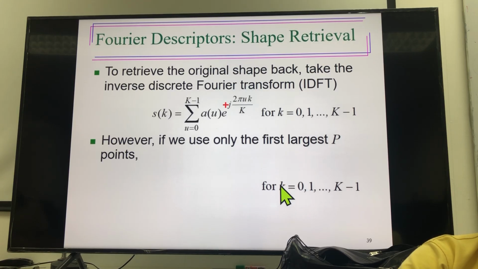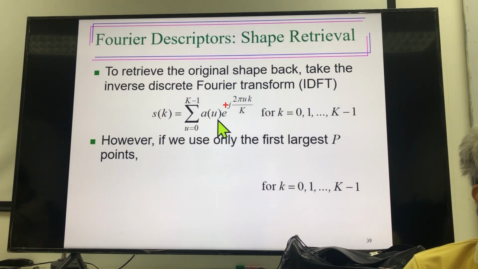If you know the Fourier descriptor, you can go back and get the boundary s_k by taking the inverse Fourier transform. When you take the inverse Fourier transform on every single point, from 0 to K minus 1, you end up with the same original shape back.